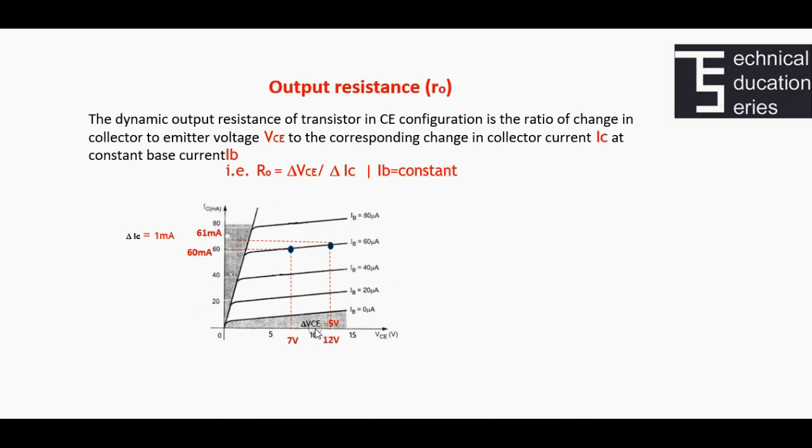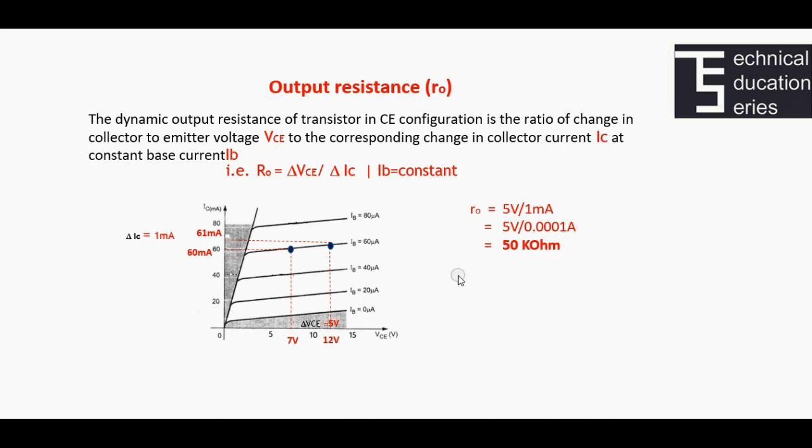Now the values of delta VCE and delta IC are obtained, and we can calculate the output resistance using this expression delta VCE divided by delta IC, that is equal to 5 volt divided by 1 milliampere, that is equal to 5 volt divided by 0.0001 ampere, and it comes to 50 kilo ohms.